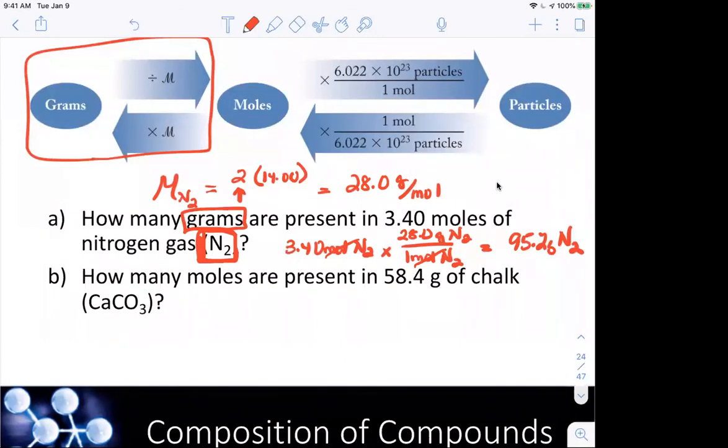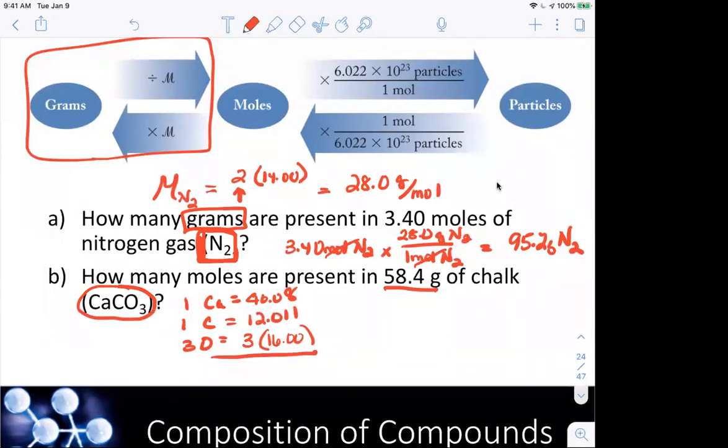Now, what if I have a mass of chalk? Well, I need to figure out what the formula mass of that is. So 1 calcium is going to be equal to 40.08. I have 1 carbon, which is equal to 12.011. And I have 3 oxygens, so I have 3 times 16.00.